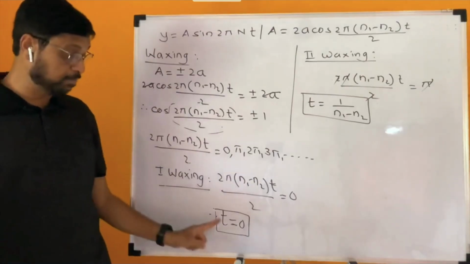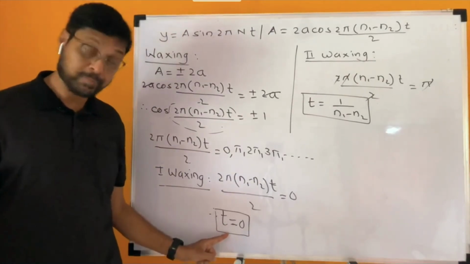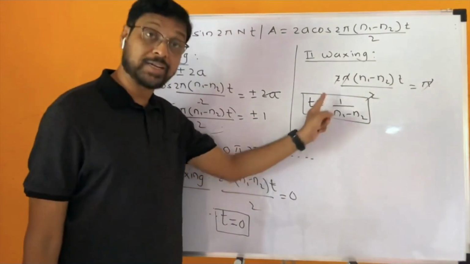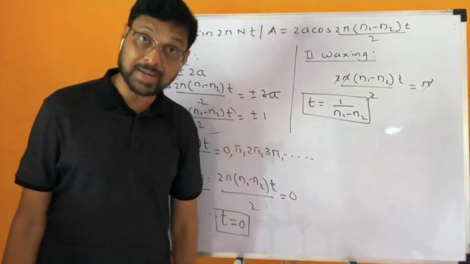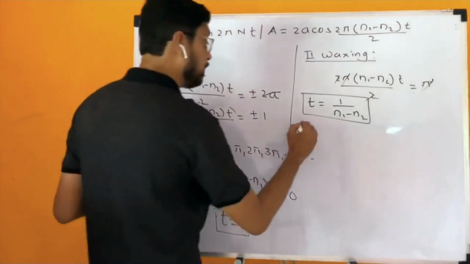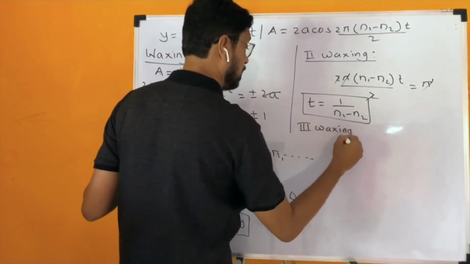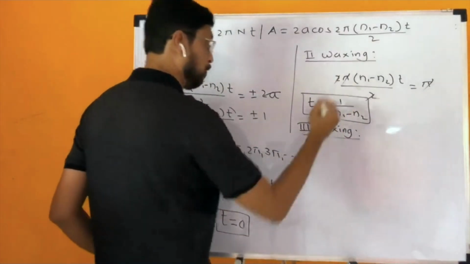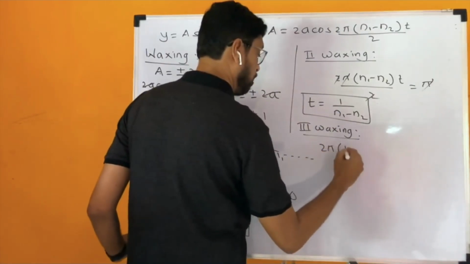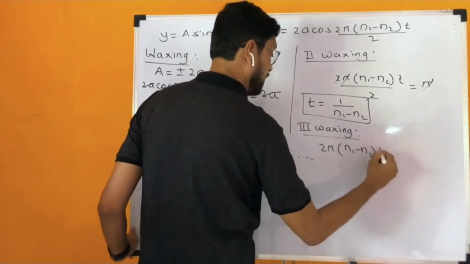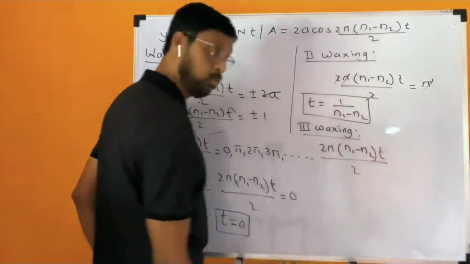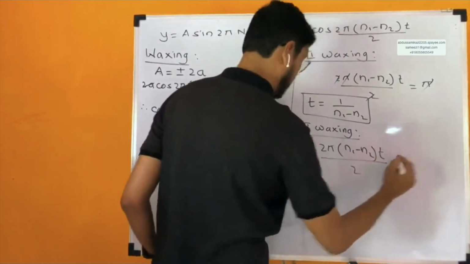So first waxing will occur at t equal to 0. Second waxing will occur at t equal to 1 upon (n1 minus n2). Third waxing will occur when this angle 2 pi (n1 minus n2) t by 2 is equal to how much?